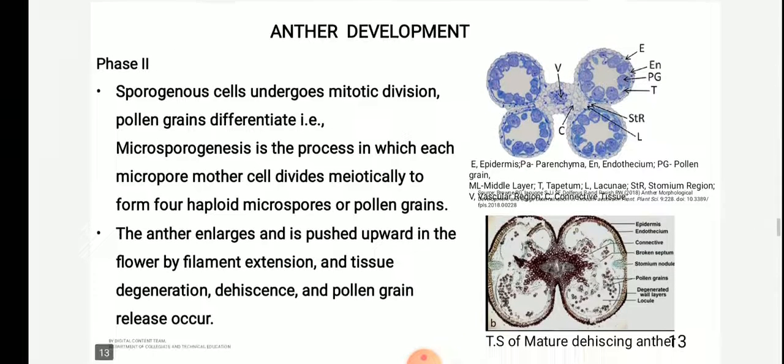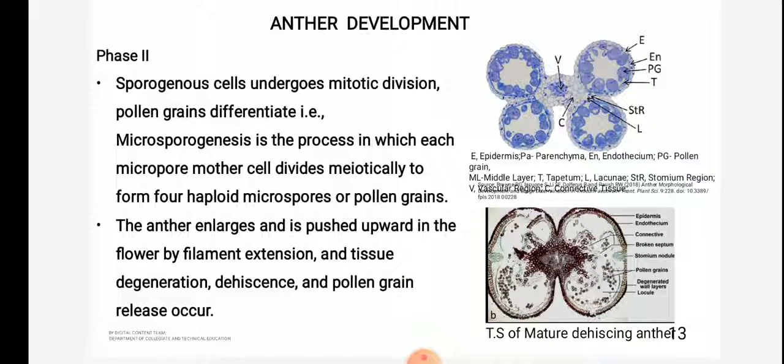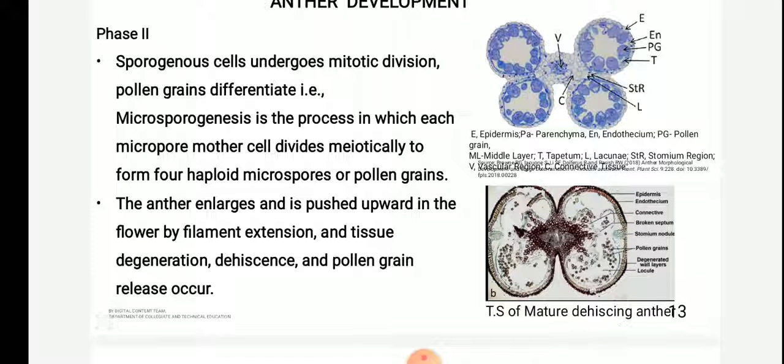Next is anther development, phase 2. Sporogenous cells undergo mitotic division, and pollen mother cells are formed which undergo meiosis to produce pollen grains and then undergo mitosis.